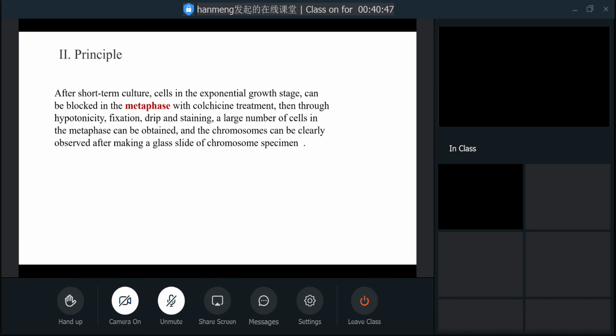So we need many cells in metaphase to do our experiment.